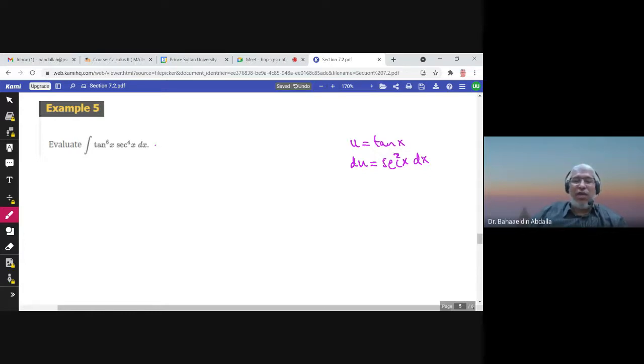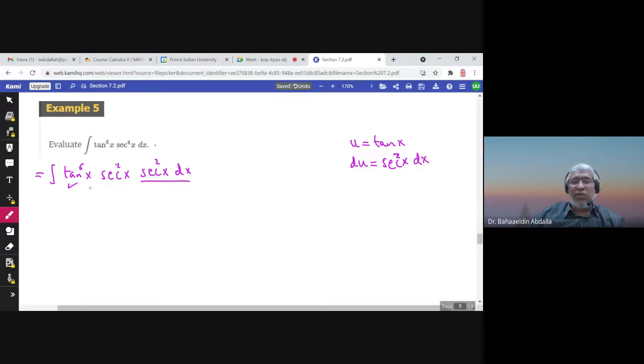So I have tan to the power 6 and secant to the power 4, I will write it as secant to the power 2 times secant to the power 2. So this I need to keep to be du. And I need to take tan x as u. So I have no problem with this.